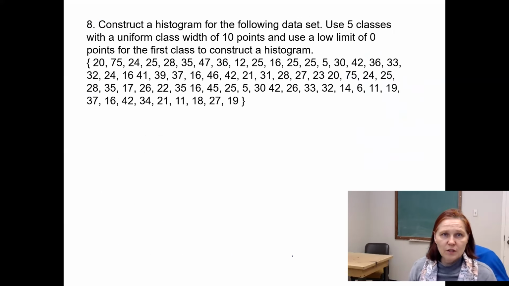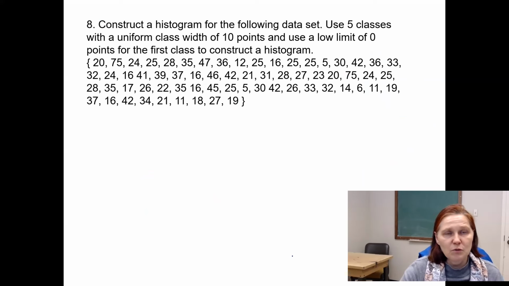And the last problem: construct a histogram for the following data set. Use 5 classes with a uniform class width of 10 points, and use the low limit of 0. So the first class is from 0 to 10.